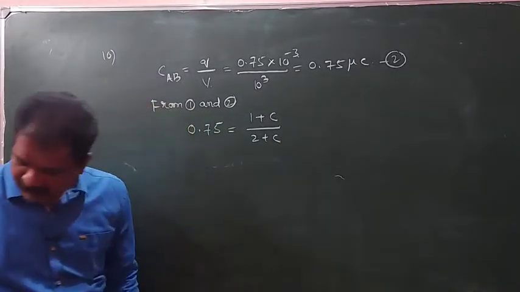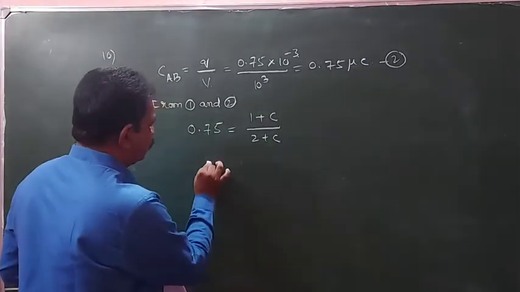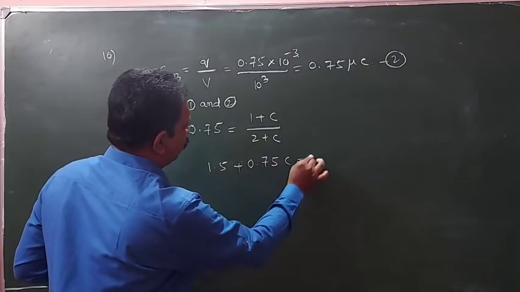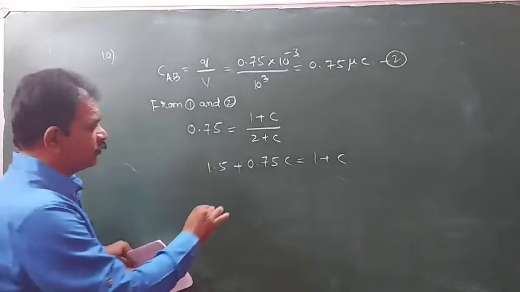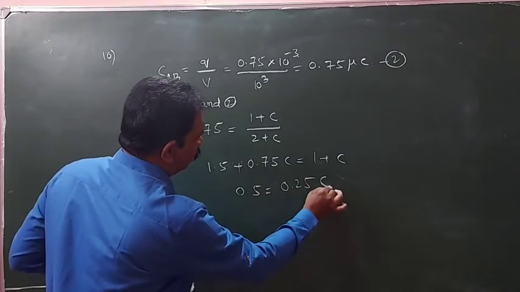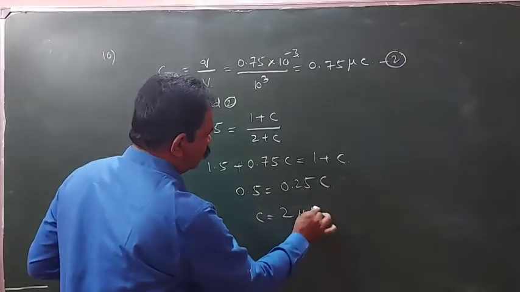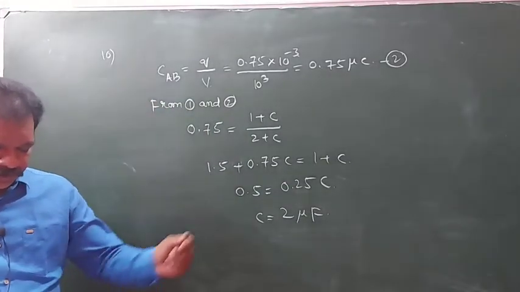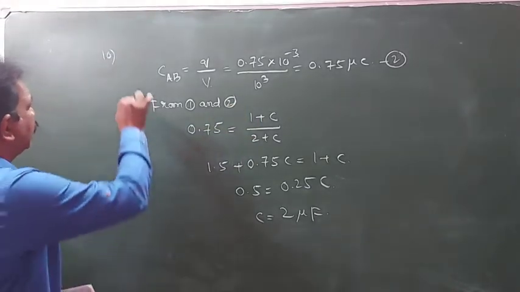Cross multiplication. 0.75 into 2 means 1.5 plus 0.75C is equal to 1 plus C. So 0.5 is equal to 0.25C. C is equal to 2. Unit will be microfarad here. So the option for this 10 will be the second option.